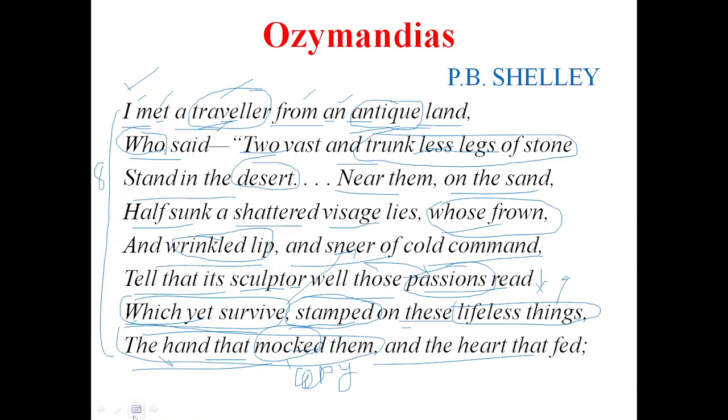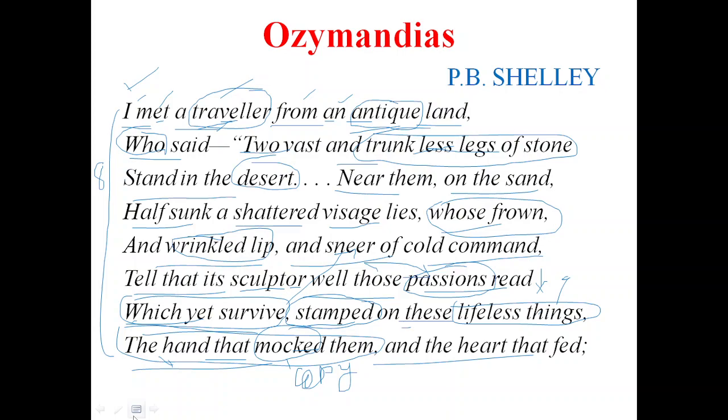So we are now anticipating something. Now there is an anticipation, an eagerness in our mind: who could it be? Whose statue is this? Such a huge statue, and such emotions or passions of cruelty, hatred, and arrogance.